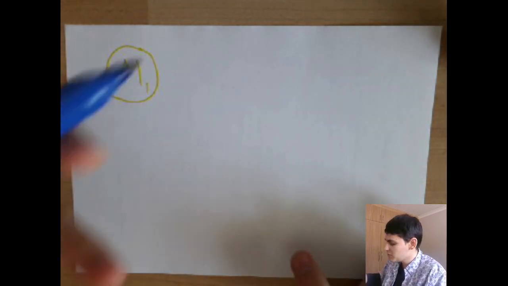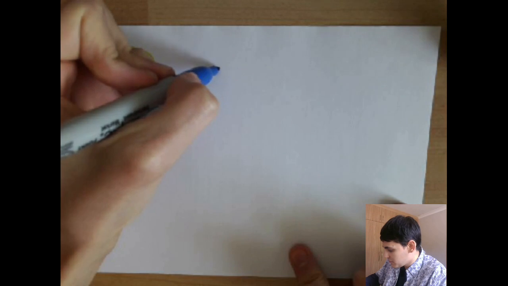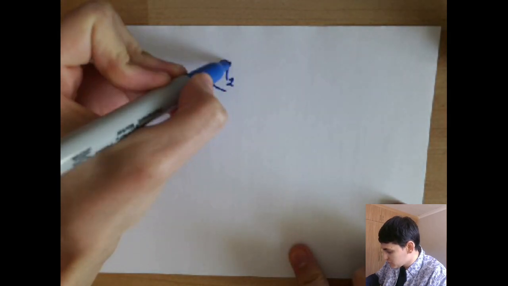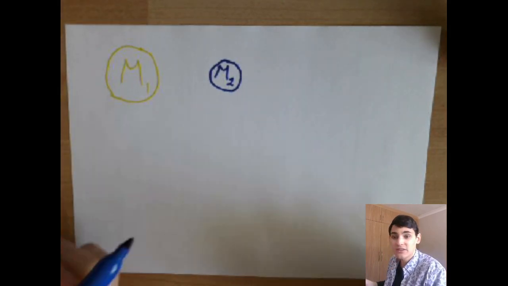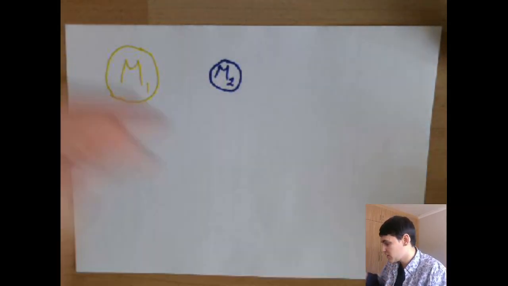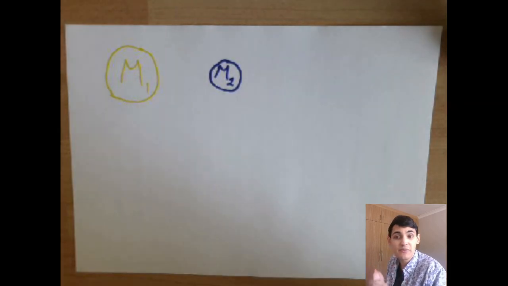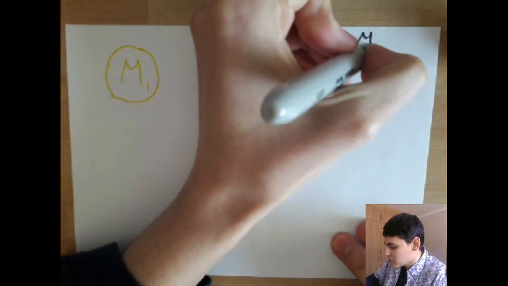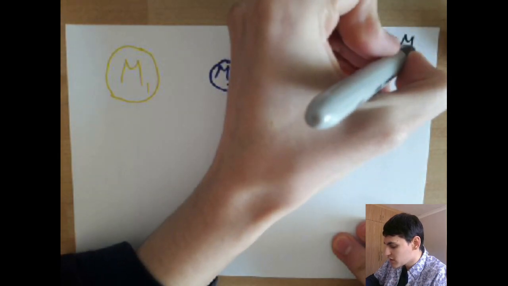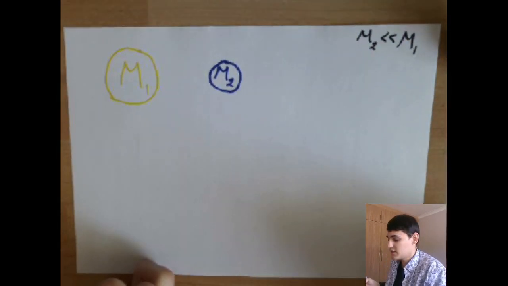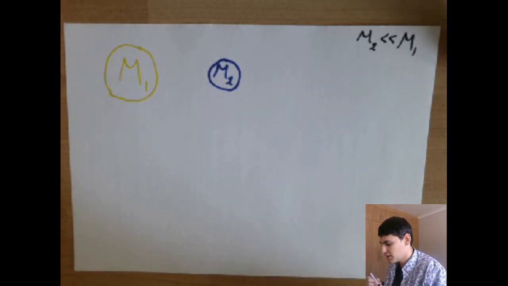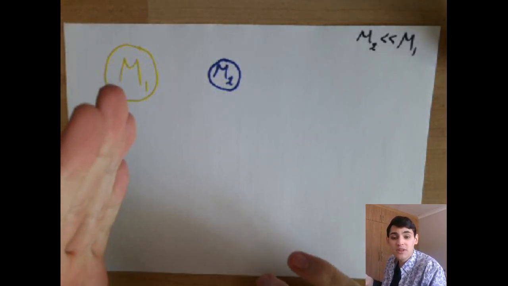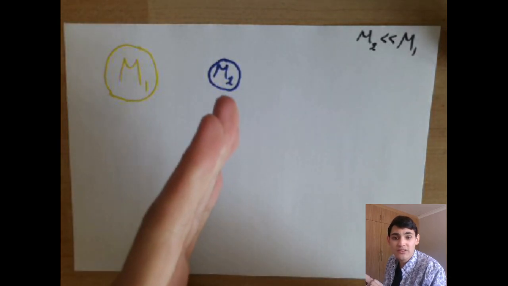And then we've also got our orbiting body, which I will call M2. A very important piece of information about this system is that M2 is much smaller than M1. So that just means the size of M1 dwarfs the size of M2.